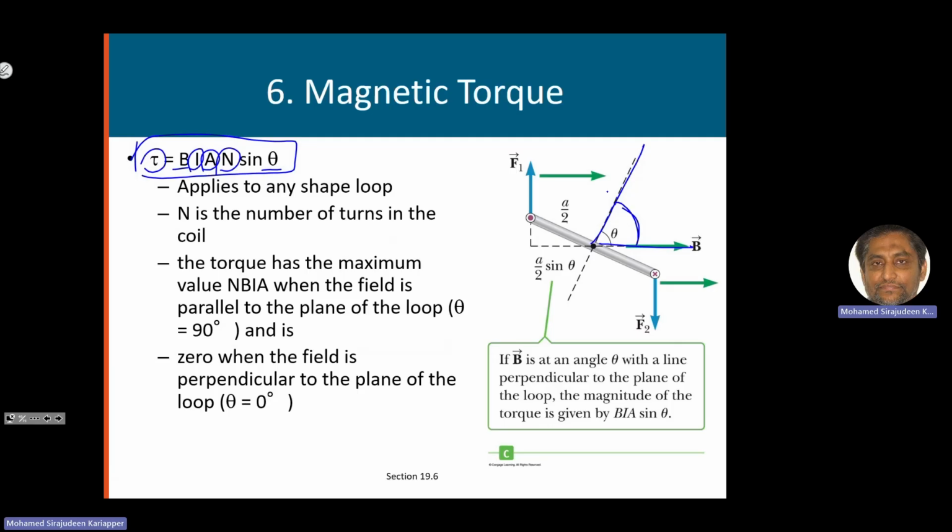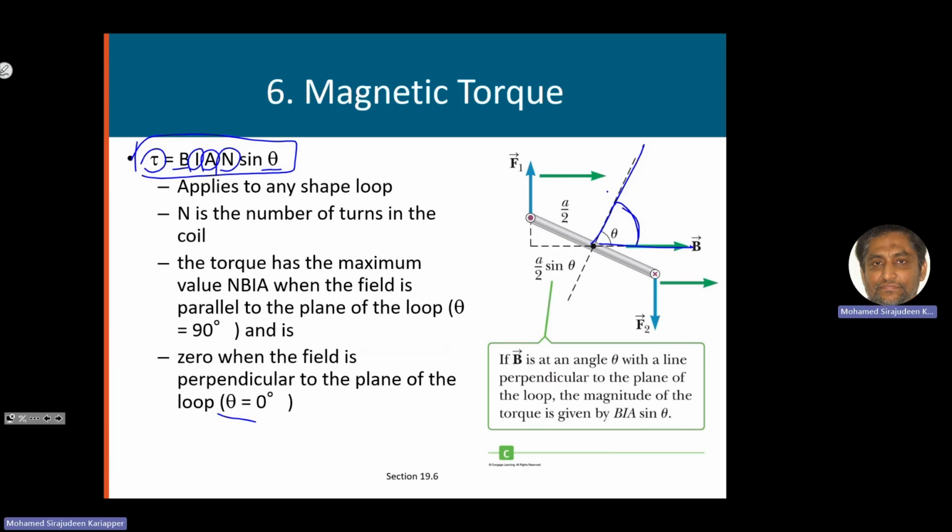When theta is equal to 90, we have a maximum torque. When theta is equal to 0, the perpendicular and the magnetic field are in the same direction, and then the torque is equal to 0.